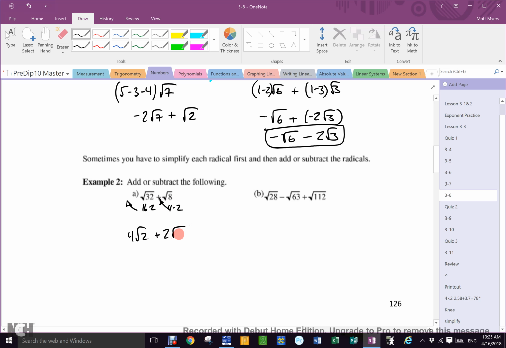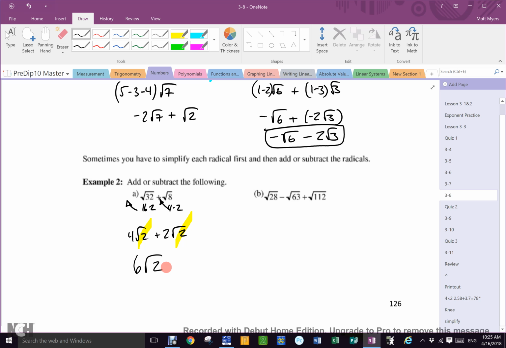What did I leave under there? 2. Now what do you see? Addable radicals. That's fun to say. I have 4 root 2's and I have 2 root 2's. For how many root 2's? 6 root 2. Dun, dun, dun. Jazz hands.